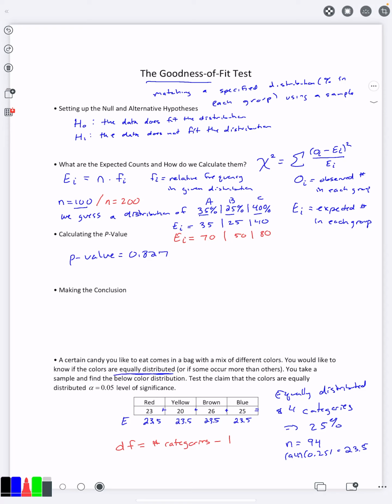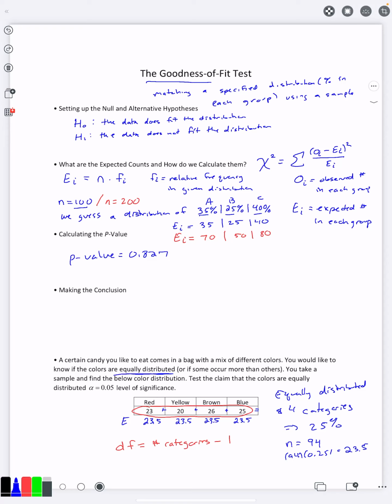And you can see my samples are generally quite close to the 23.5 they're supposed to be. I mean, they're not perfectly equal, but they are pretty close here. And that's going to happen when you take samples. In fact, it's going to happen 80% plus of the time, or it's going to be a little bit off. So that's not an issue here. So that means it is good.